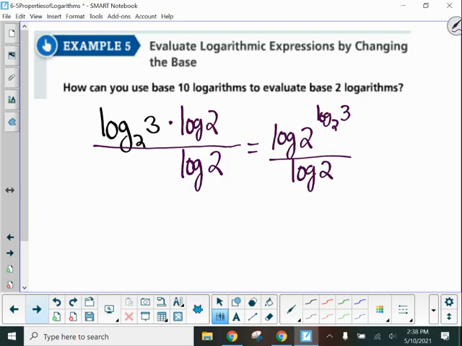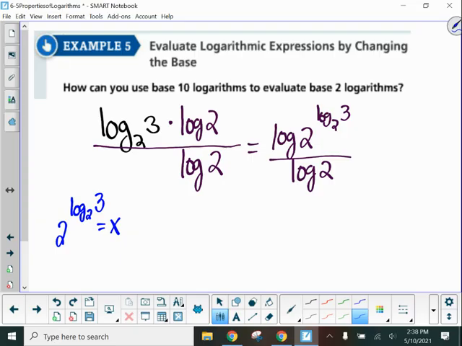Well, let's do this as an aside here. 2 to the log 2 of 3, if I were to rewrite that, let's say I'm going to set that equal to some x.